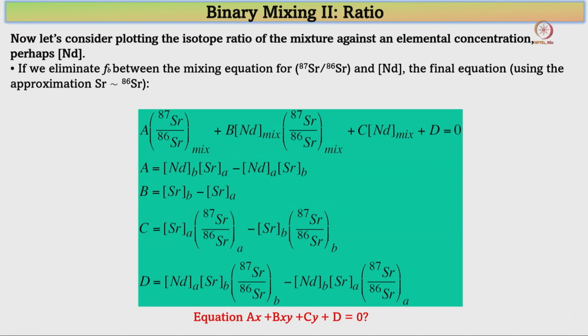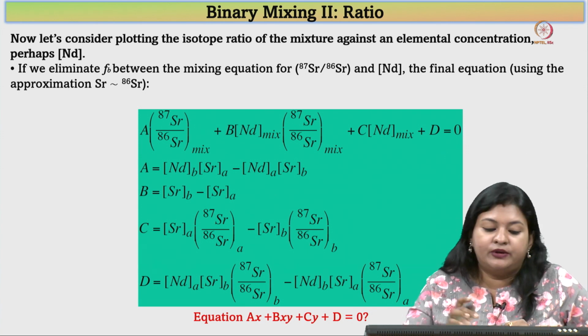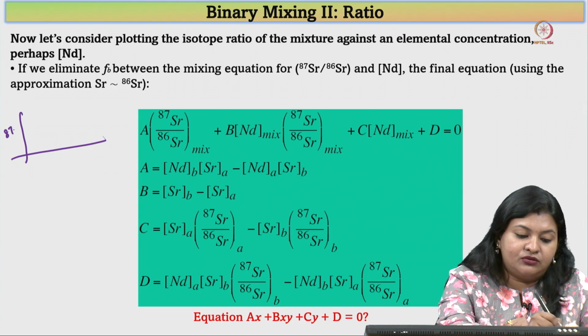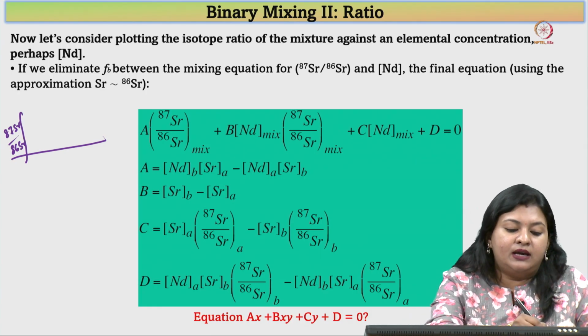Let us now see how this is plotted. So, if we are going to use this against an elemental plot, what I am plotting is 87 strontium by 86 strontium on one axis and another element on the other axis.